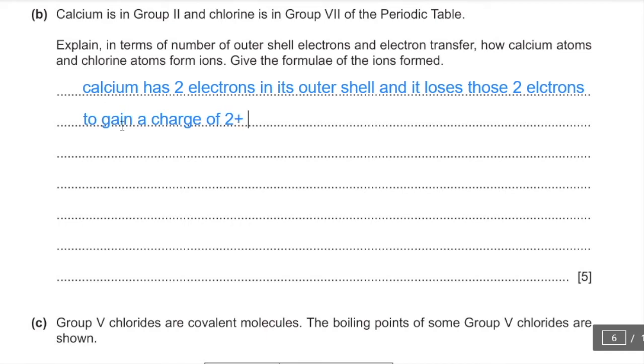Alright, so we have to give the formula of the ions, and calcium forms the ion Ca2+, and chlorine has 7 electrons in its outer shell.